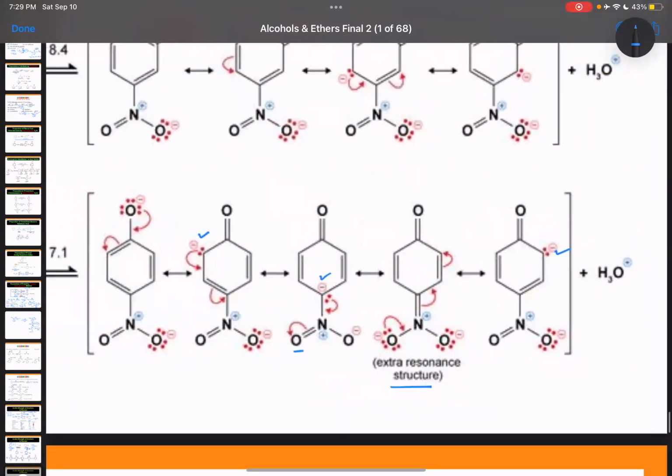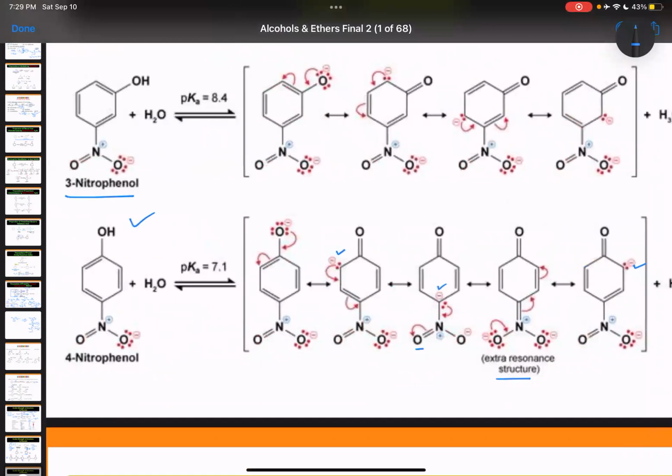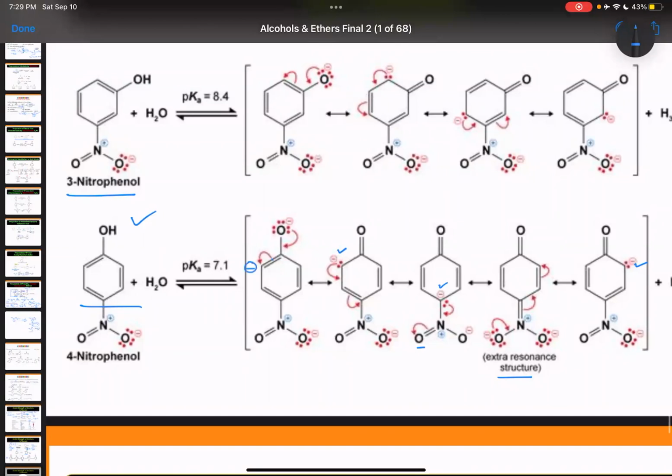NO2 is suitably placed, and this NO2 is also taking away the electron of the O minus, though it is far apart. But the electron gets shifted to the adjacent pi bond here and then here, and now it will come on the nitro group. So it is more resonance stabilized.